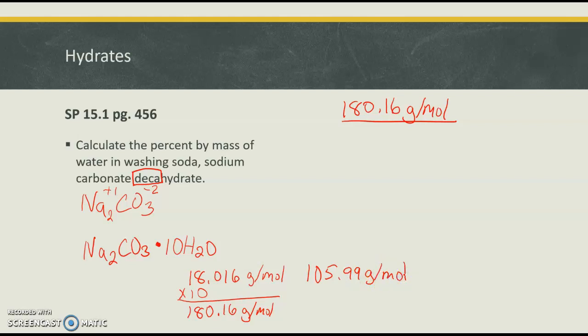To find the molar mass of the entire hydrate, we have to add our 180.16 from our water. This will give us 286.15 grams per mole. This is the amount that goes on the bottom.